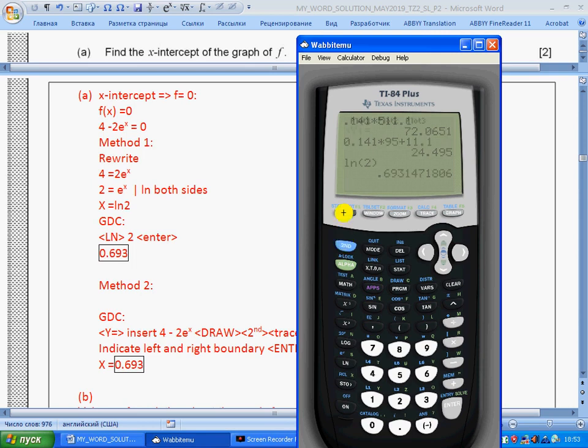Press y equals, insert the function 4 minus 2 times, we don't write it, we need second e raised to 2x, go to the right, draw.